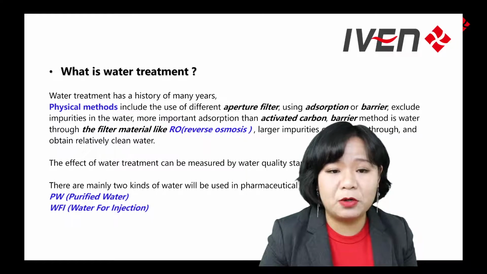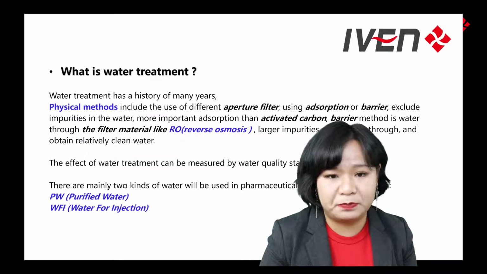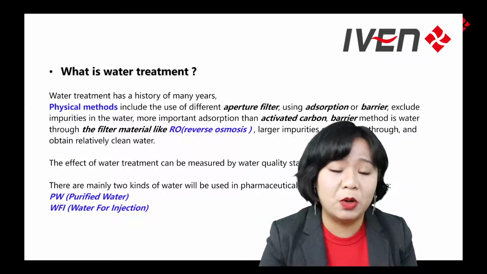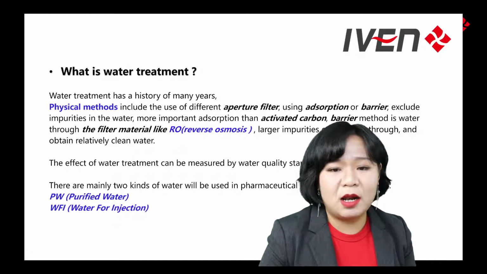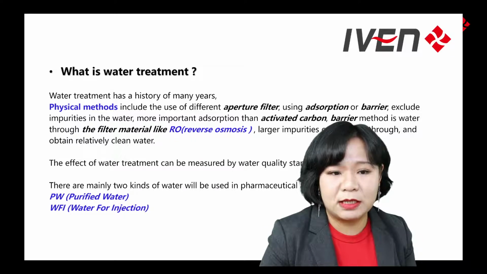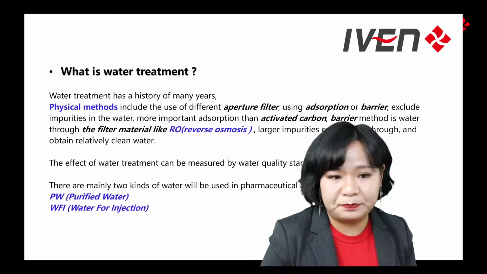More important are absorption with activated carbon and barrier methods through water membrane materials like the RO system. So what is RO? RO is reverse osmosis. Large impurities cannot pass through, and we obtain relatively clean water.